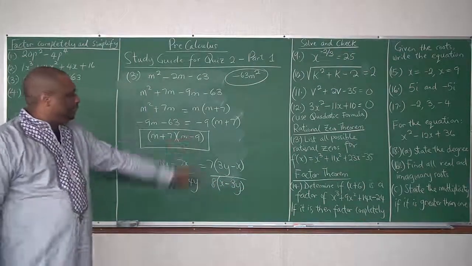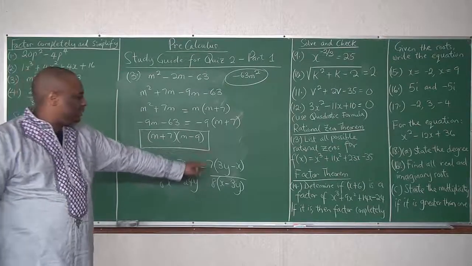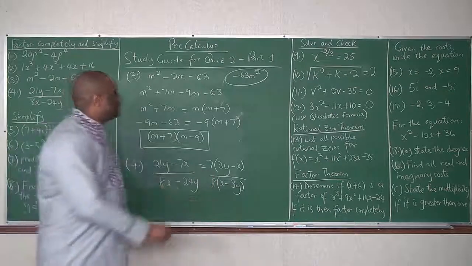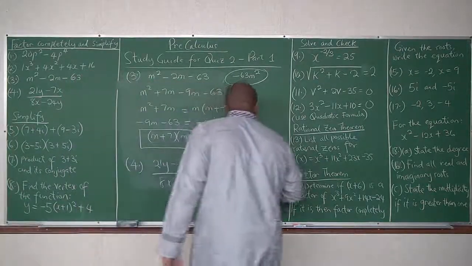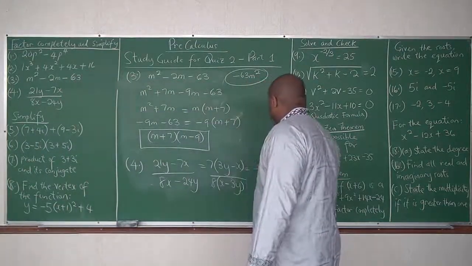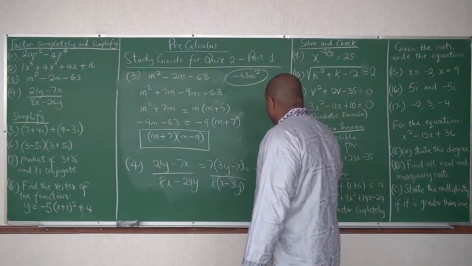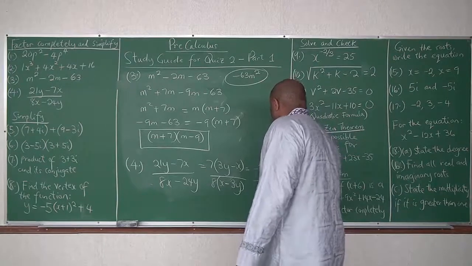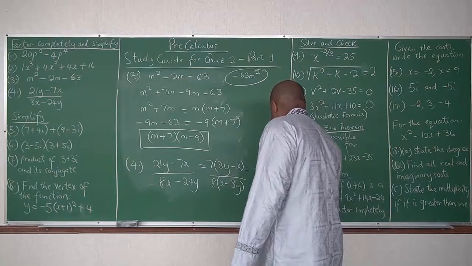In my video we have done this. When you have 3y minus x and x minus 3y, you could say that this is the same thing as negative 7 times x minus 3y over 8 times x minus 3y.